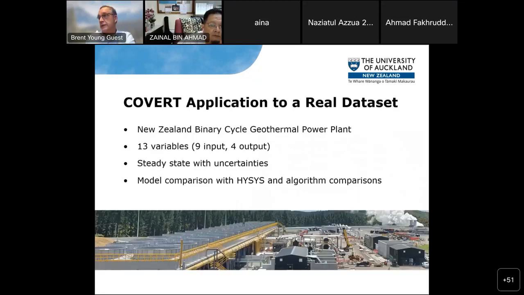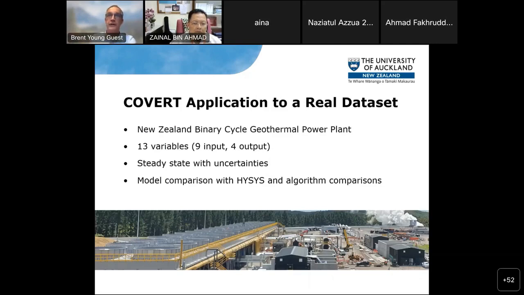That was all well and fine with a toy data set, but we applied this to a real data set. In addition to working with the food industry in New Zealand, we're also working with the geothermal power industry, and we applied this to a real geothermal plant that is shown here. And this plant could be well modeled by the use of 9 input variables and 4 output variables.